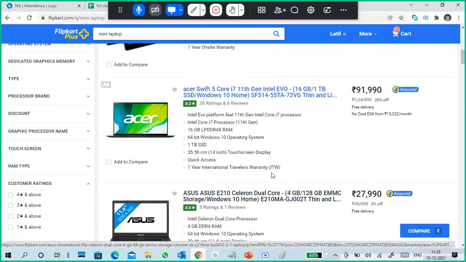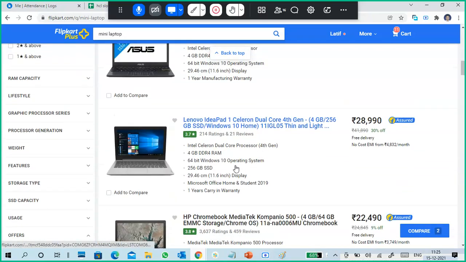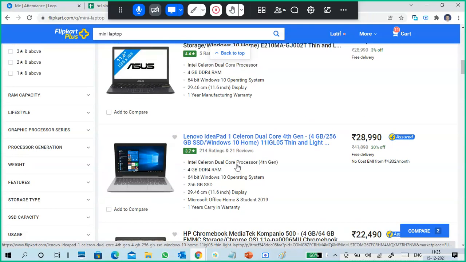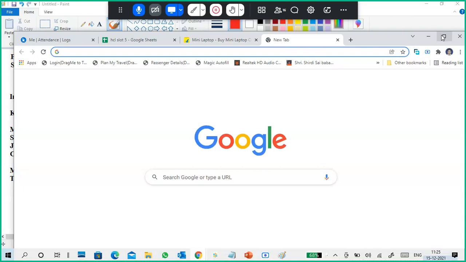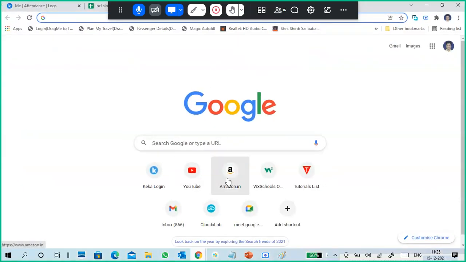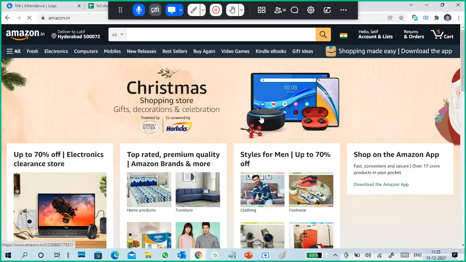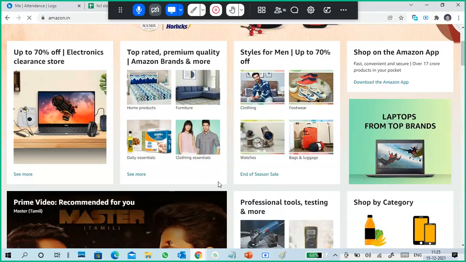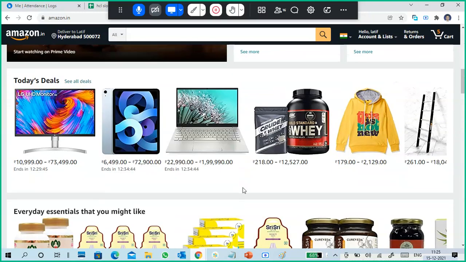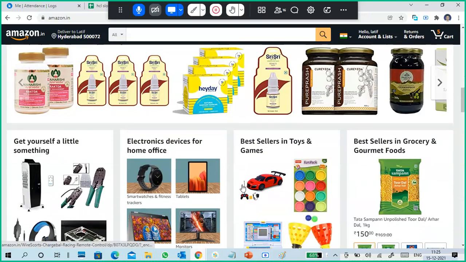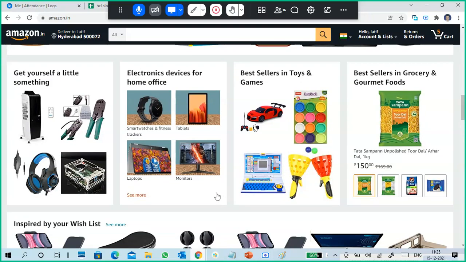That is easy to get from e-commerce websites. Go to different e-commerce websites like Amazon, Flipkart, Croma, and Bajaj Finance, and you will see the different kinds of products.